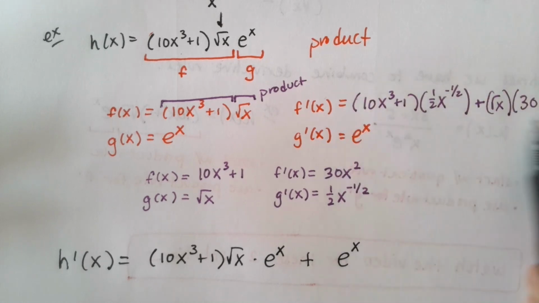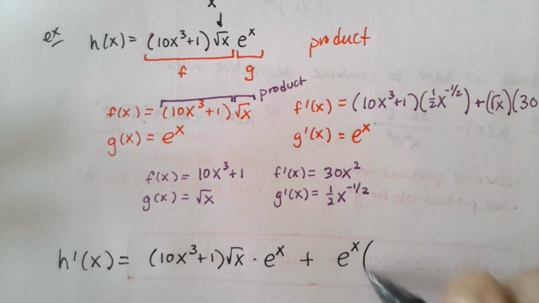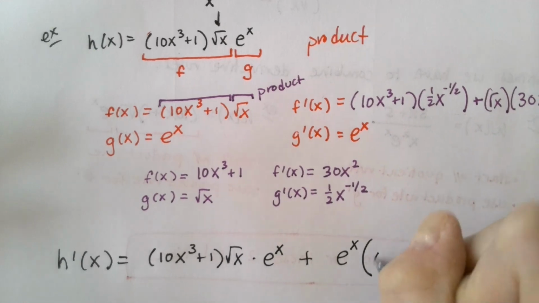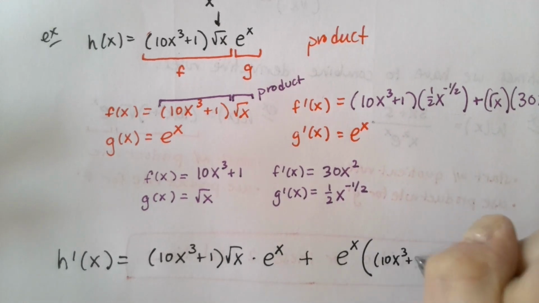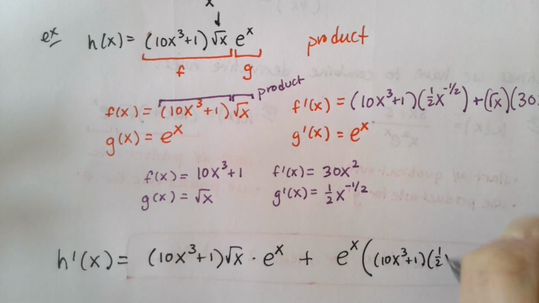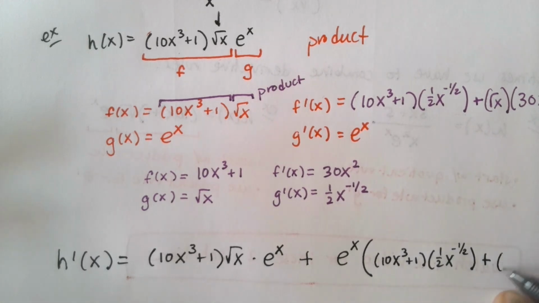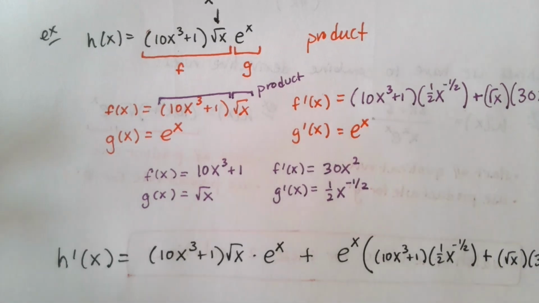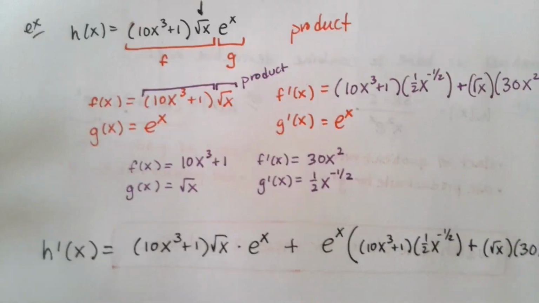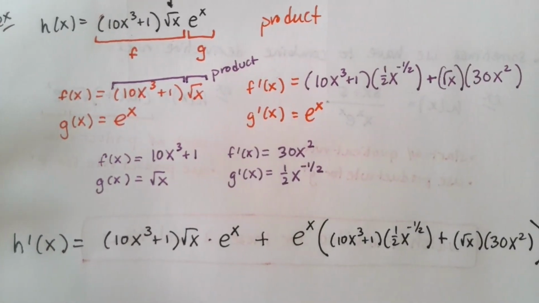It's not cute, but we're just going to keep it exactly as is in a big set of parentheses. So I've got 10x cubed plus 1 times 1/2 x to the negative 1/2 plus the square root of x times 30x squared. So overall, what I have, oh, there we go, we can fit it.